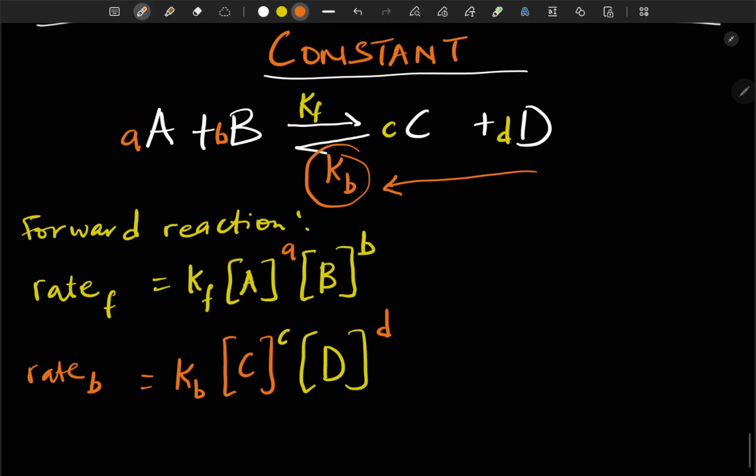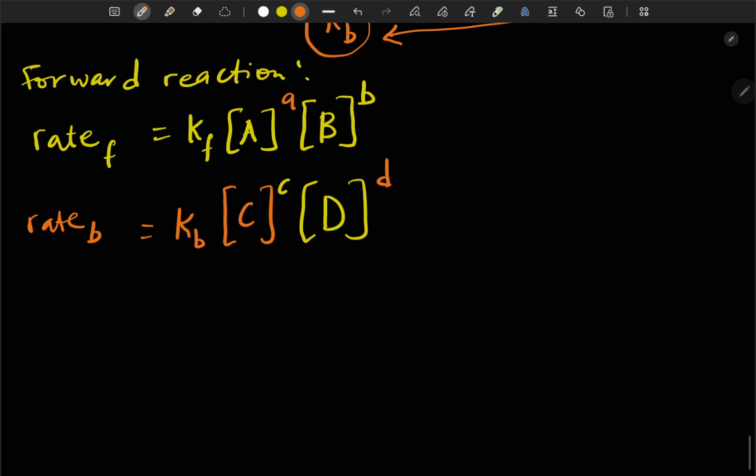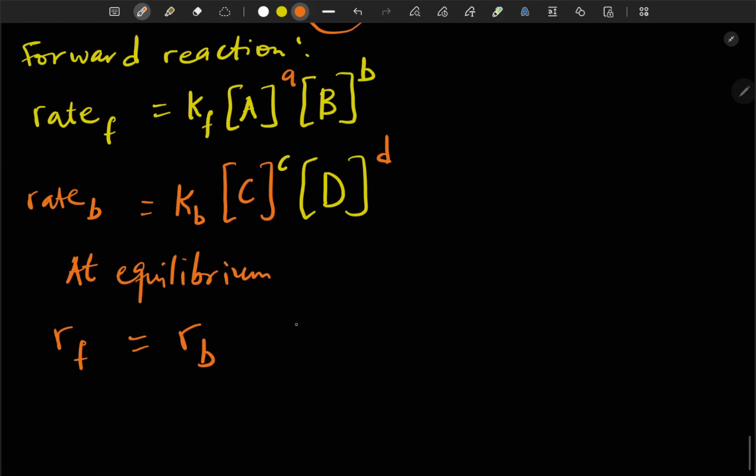But then, when the reaction reaches equilibrium, the rate of forward reaction is equal to the rate of backward reaction. At equilibrium, the two rates are going to be equal to each other.